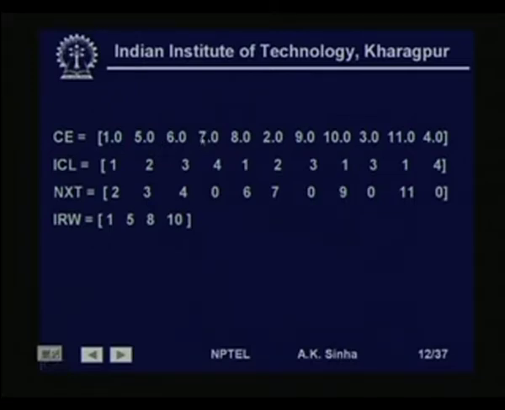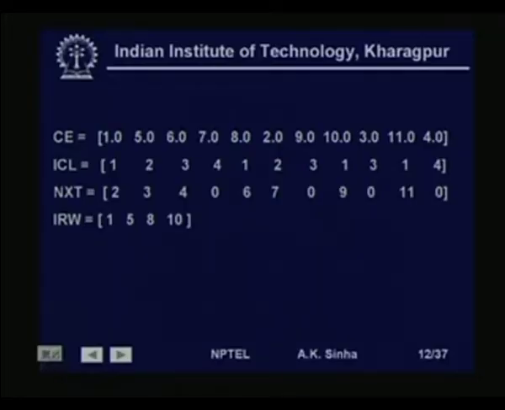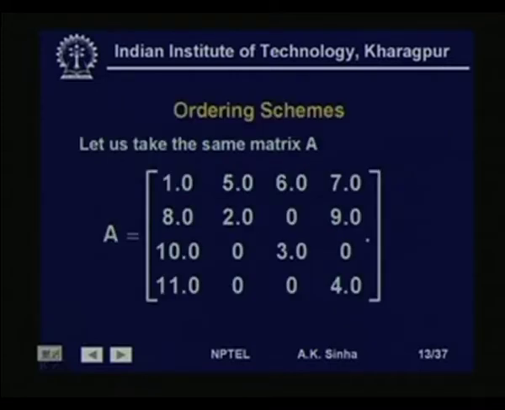So, 32,000, this will be again 32,000, 64,000, and this will be 4,000. So, 68 kilobytes only, as compared to 8 megabytes. So, this is the advantage that we get in the case of large matrices.